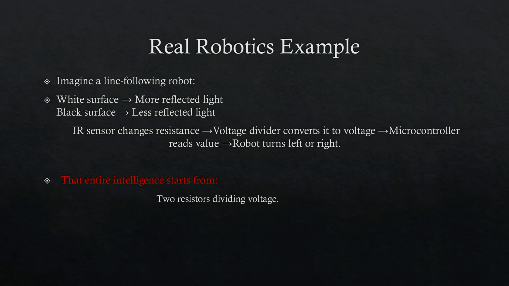The infrared sensor changes resistance based on the reflected light, which is then converted into voltage by a voltage divider. Then the changed voltage is transferred to the microcontroller, which reads that value and guides the robot to navigate right or left. So this intelligence starts initially from resistance dividing voltage.